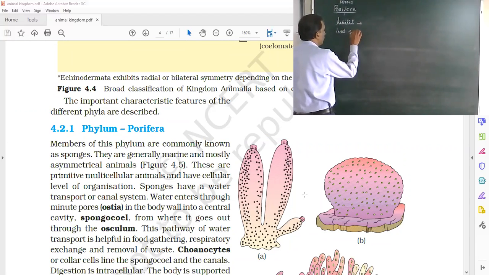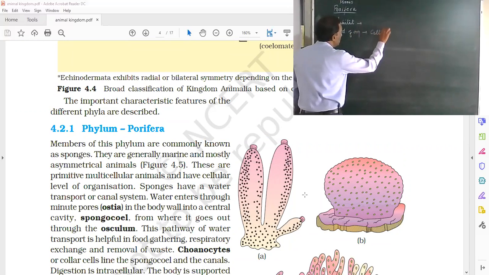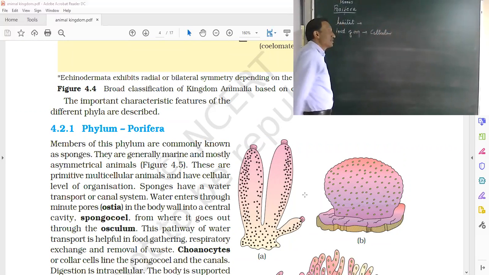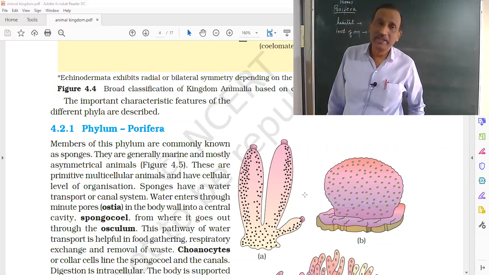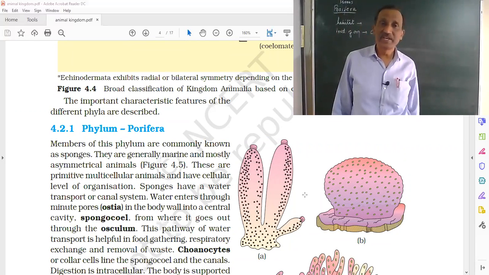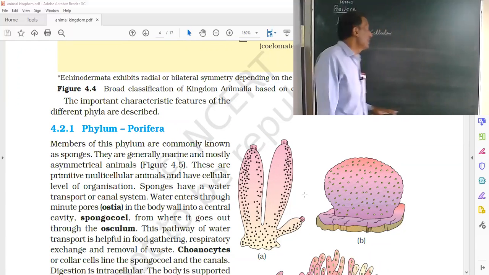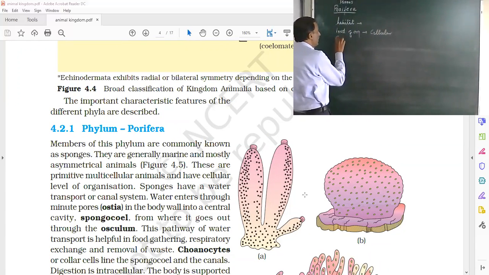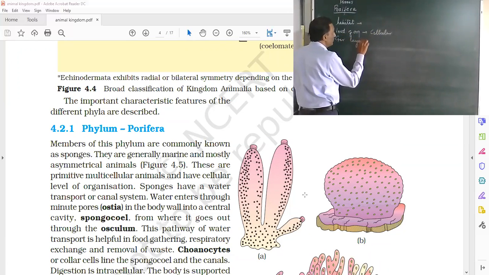Level of organization. They are exclusively cellular grade in animals. There is no other category of animals in which the body is made up of only cells, with tissues, organs and systems absent. So germinal layer, out of question, not there.